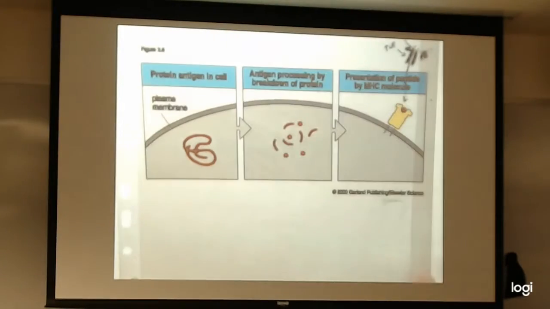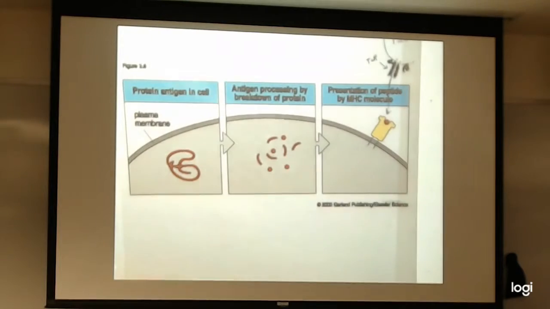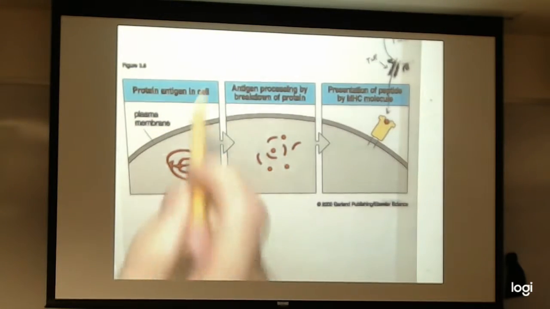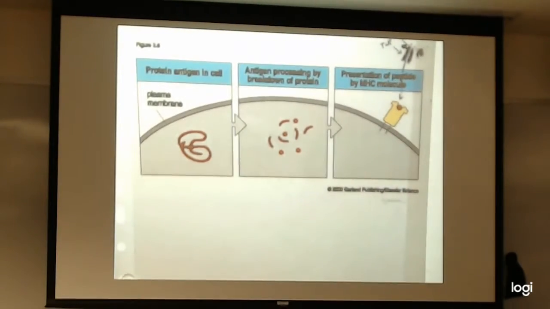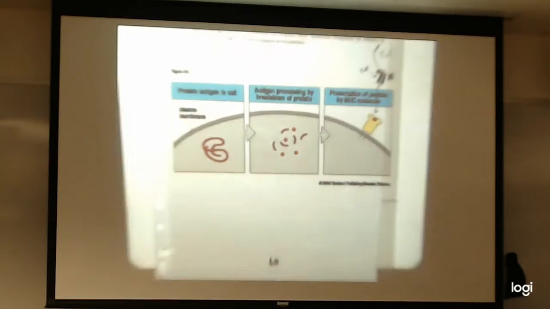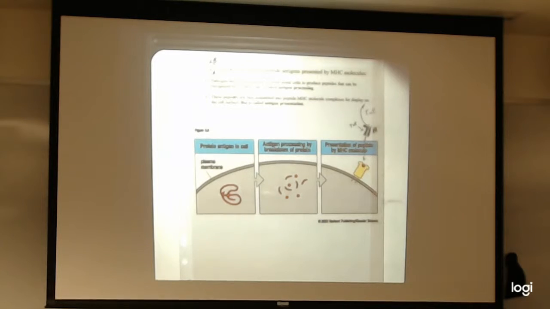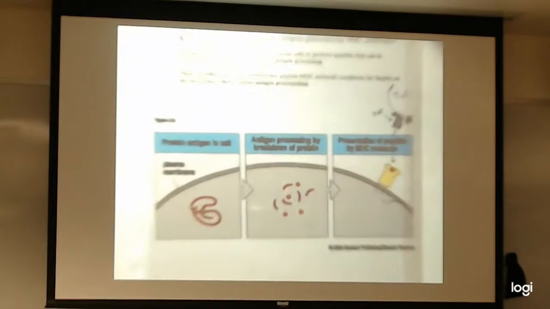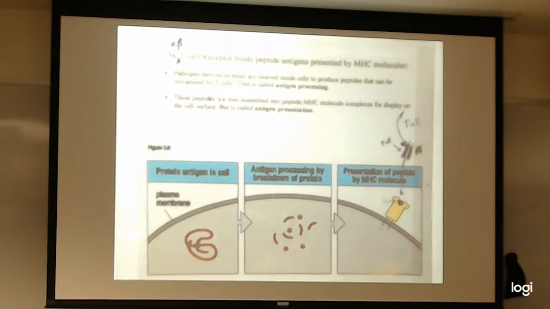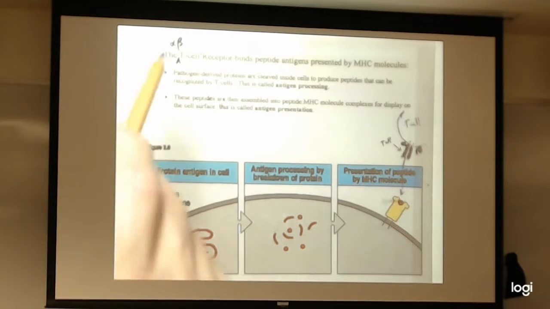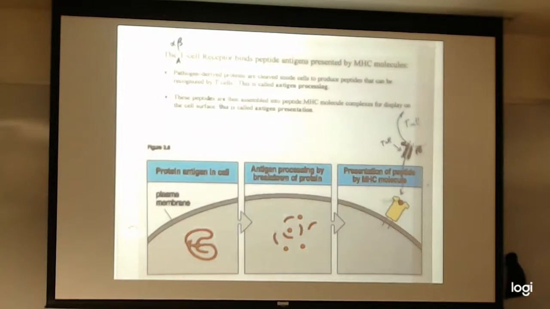Now, again, just to remind you, we said that the alpha beta T cell receptor doesn't bind the surface of a whole protein.